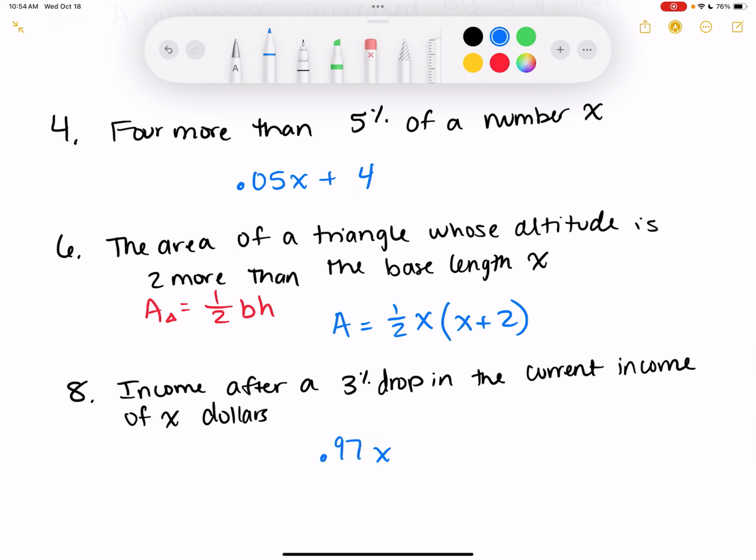Okay, because my current income would be 100% of my income, right? But minus a 3% drop is going to give me 97%. So 97% of my current income is my new income. That's why I said this one's a little weird, and that's why you have to pay really close attention to how it words things.